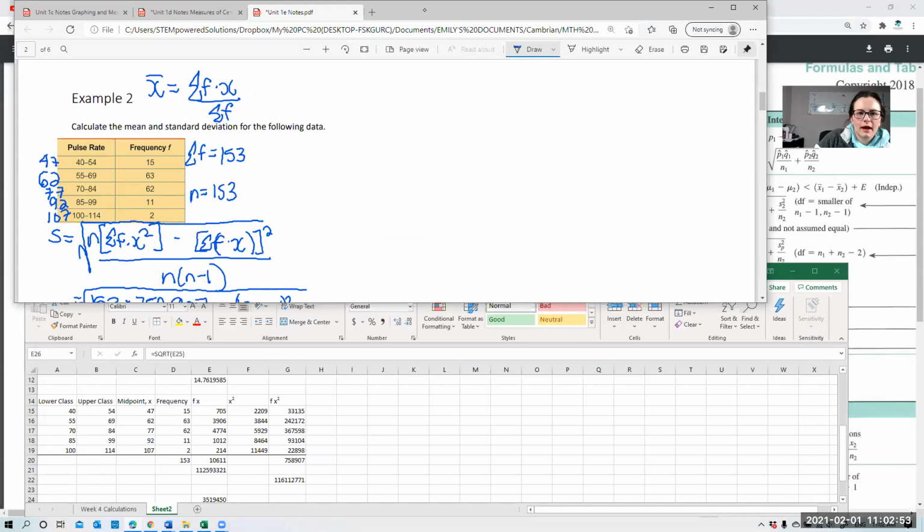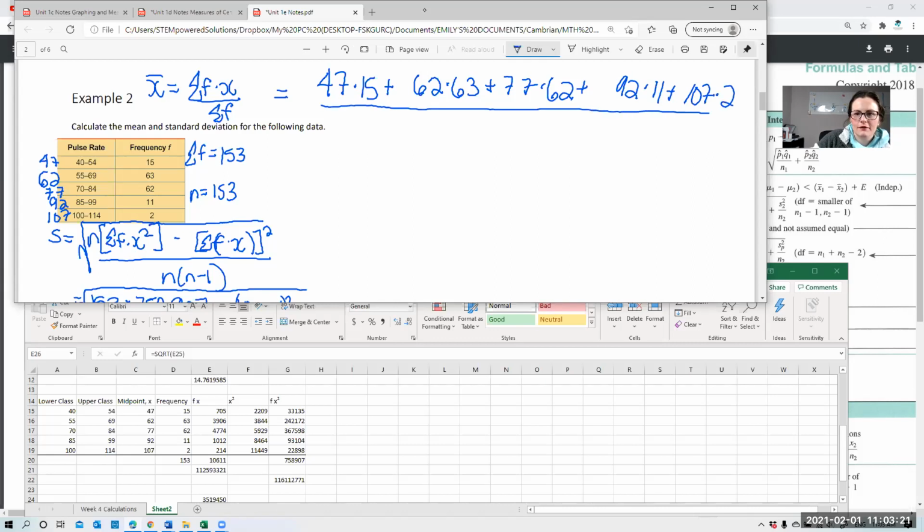So to calculate our mean, we're going to calculate 47 times 15 plus 62 times 63 plus 77 times 62 plus 92 times 11 plus 107 times 2. And then we divide by the sum of all the frequencies, which is equal to 153.